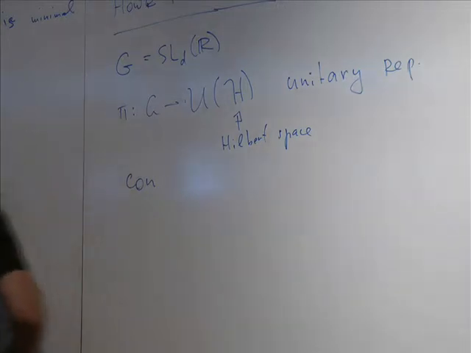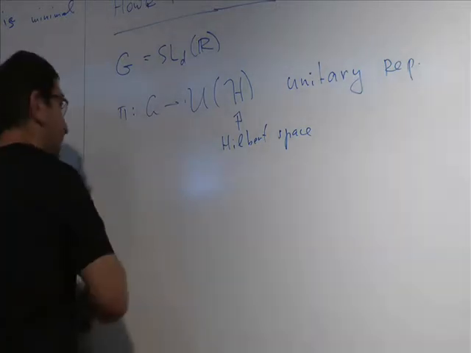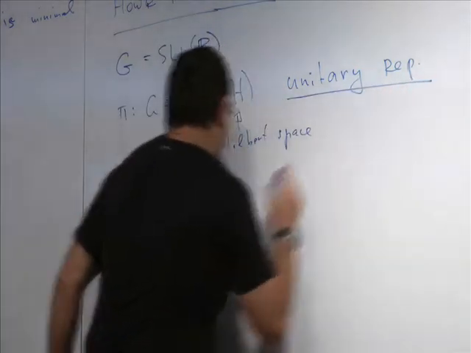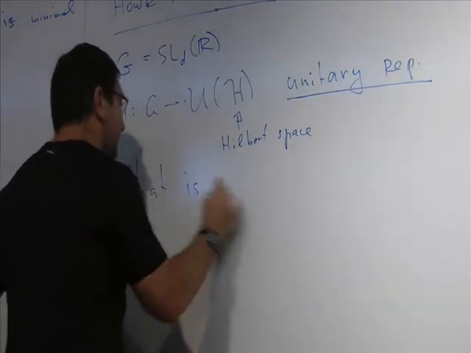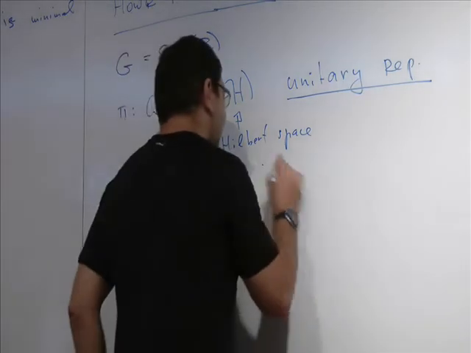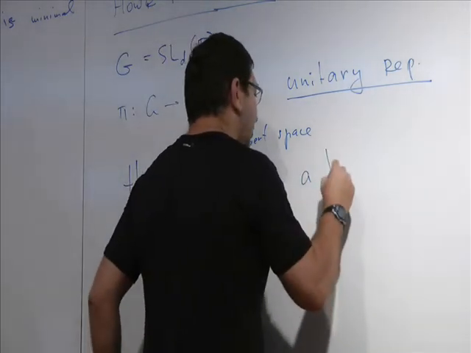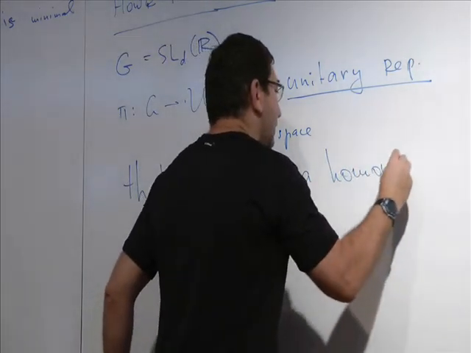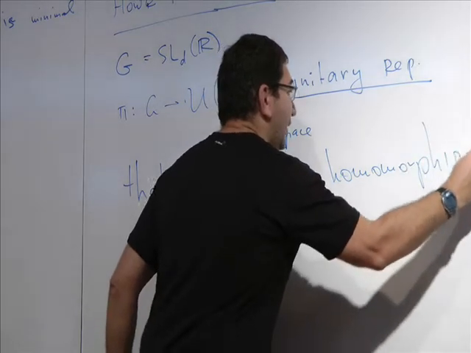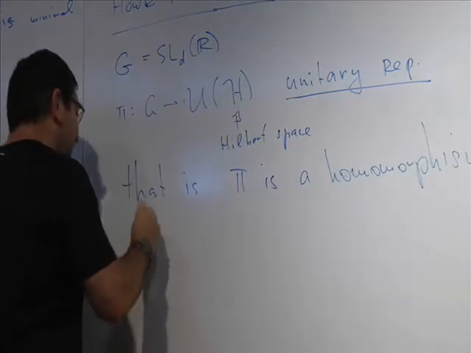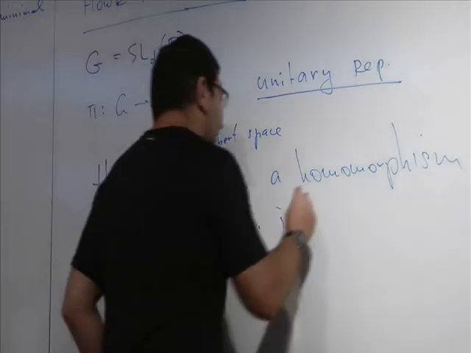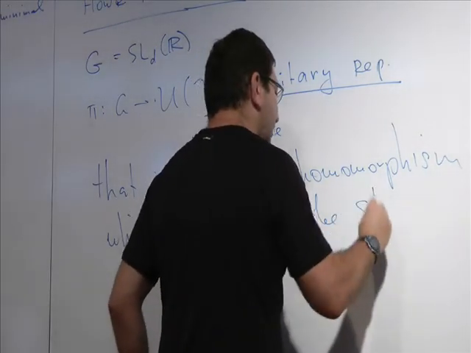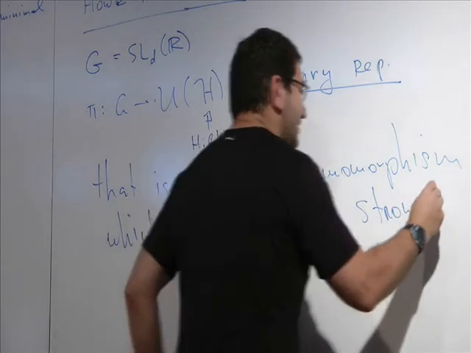So a continuous unitary representation is one where φ is a homomorphism which is continuous in the strong operator topology.